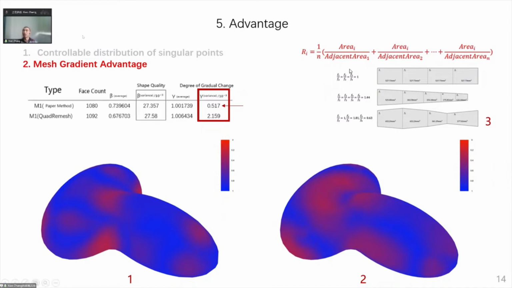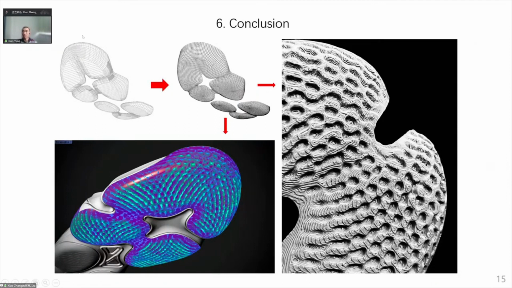It is a number of the relationship of every face and its adjacent faces, and it is a parameter to judge on it. And we can see if we use our method, as shown in Figure 2, we will have a really low number, but if we use the QuadRemesh method in Rhino 7, the number is much bigger, which means the mesh gradient has a really big difference, I think. So here is the conclusion.